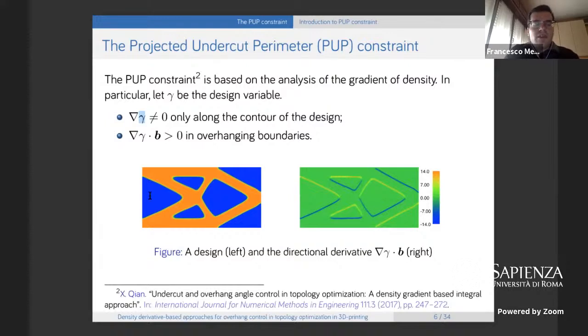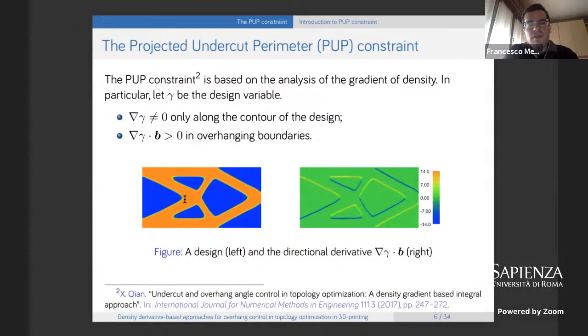Indeed, if you take any point of the void region or any point of the region where we have full material, in both these cases, the density is constant. It will be 1 in the material and it will be 0 in the void region. And so, of course, if we compute the gradient of this density, we obtain a 0 value.